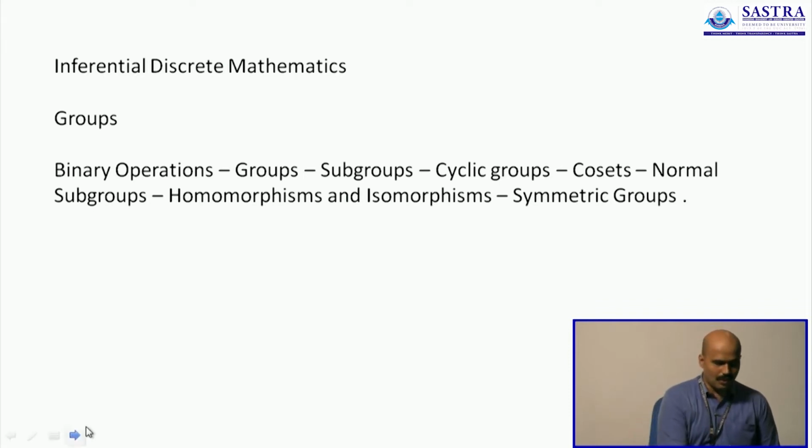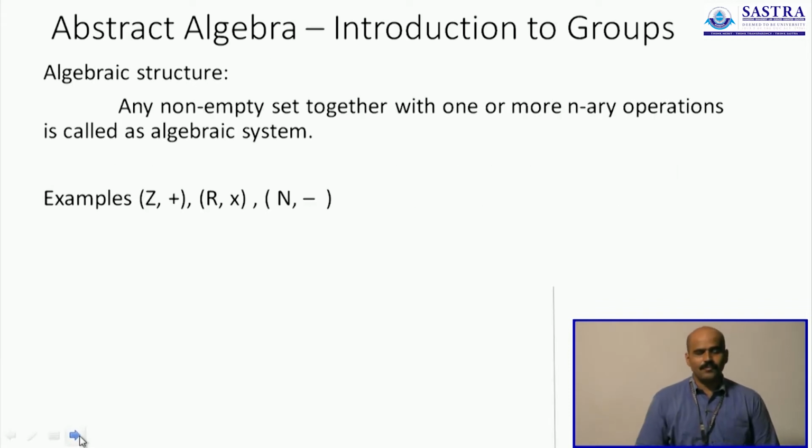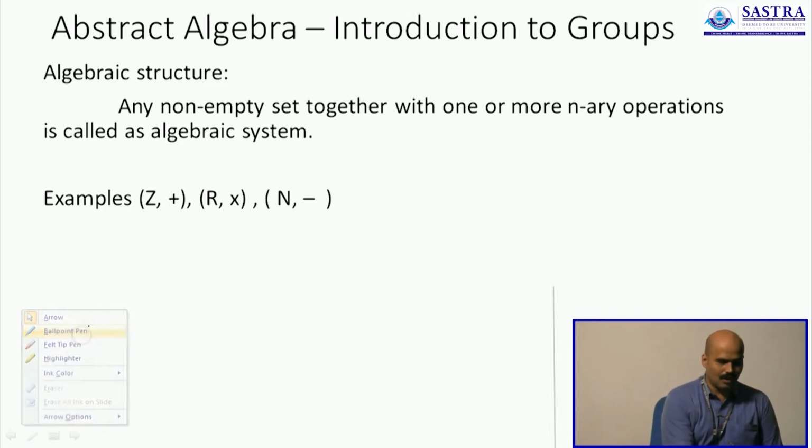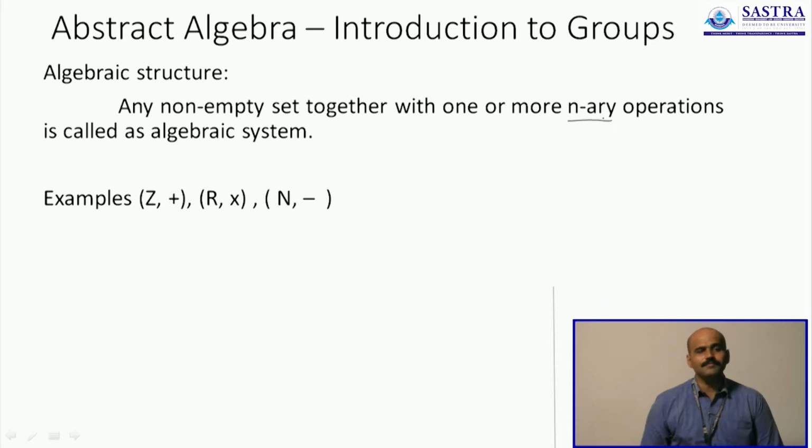So we will proceed and learn the first definition behind an algebraic structure. An algebraic structure is a non-empty set paired up with one or more n-ary operations. That is what you call an algebraic system or an algebraic structure. This word n-ary here stands for an n-tuple.